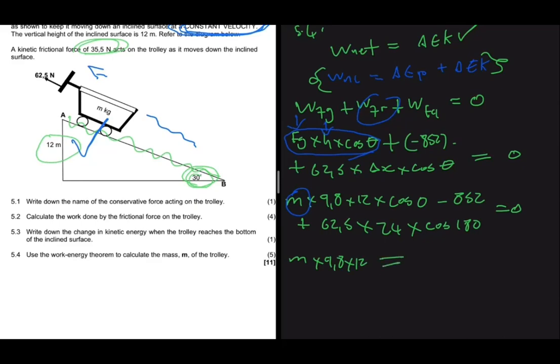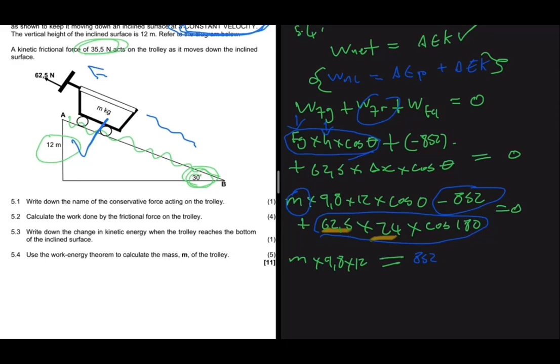That will be equal to, now I'm taking this minus 852 to the right hand side, so it will be positive 852, and then this here, we know fully well that cos of 180 will be minus. So when I take 65 multiplied by 24 to the right hand side, it should be positive, because cos of 180 is minus.